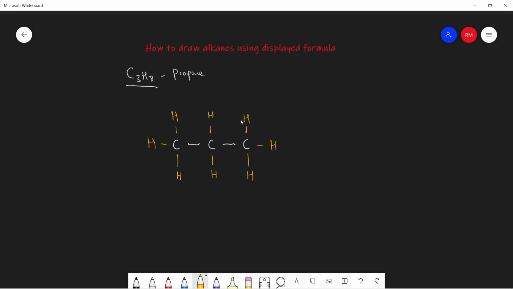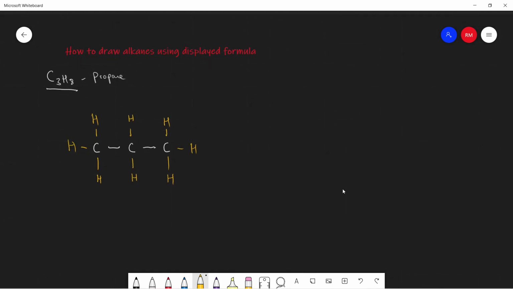What this essentially means is displayed formula is a way to show all the bonding in an organic compound or molecule. Say for example, we were drawing carbon dioxide.